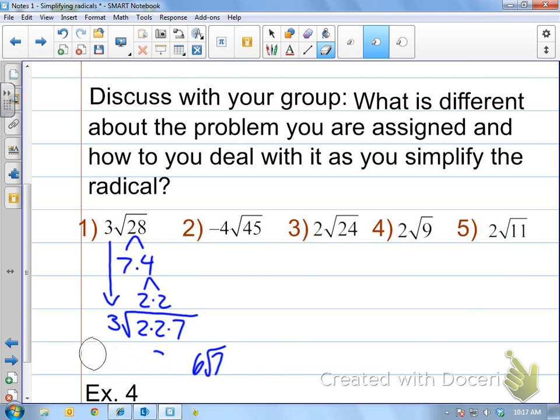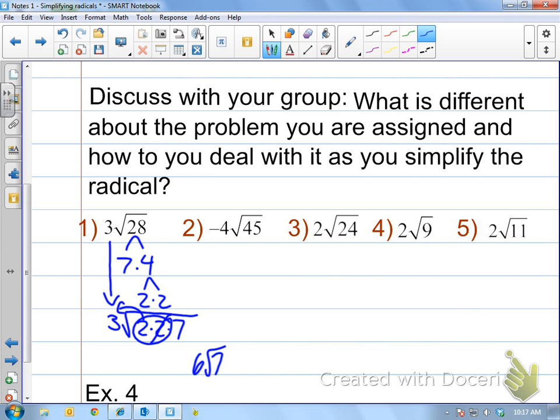So what's our pair for this problem? The 2. So now is where we get something a little bit different. When we take one out, what did your group do? Sophia? What did your group do with the 3 and the 2 we took outside?